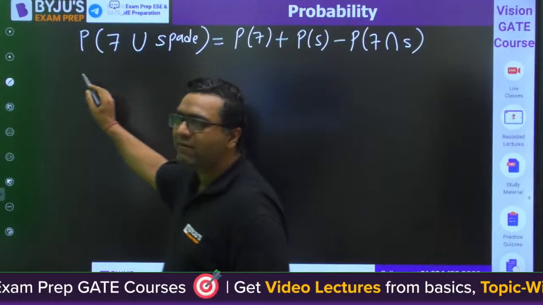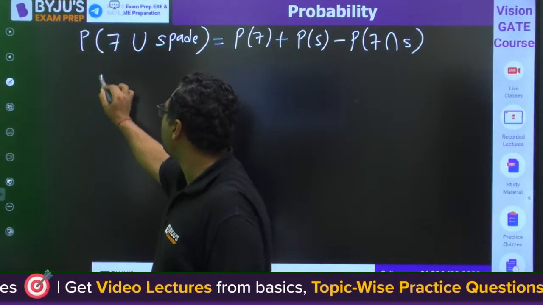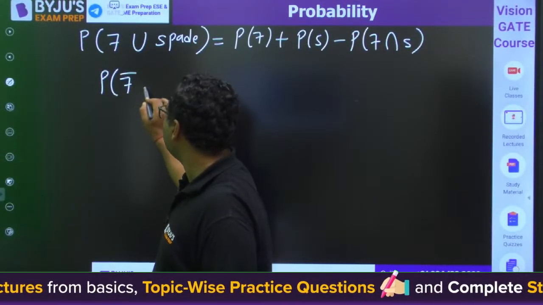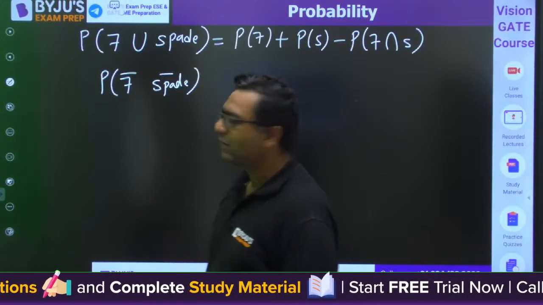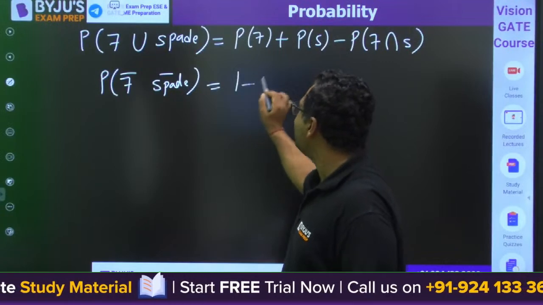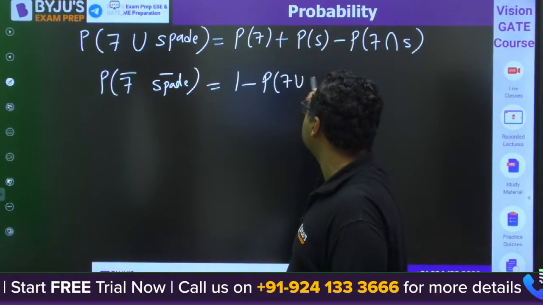Then you know they have asked neither nor. So neither nor will be 1 minus probability of 7 union spade.